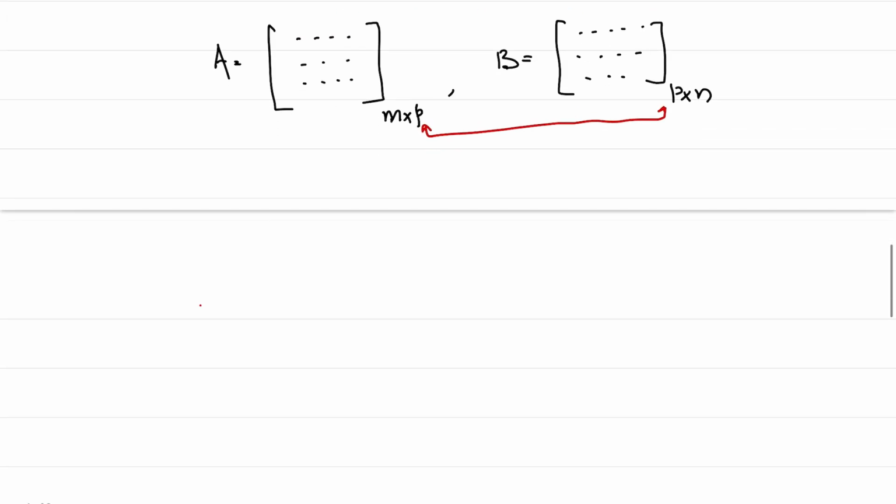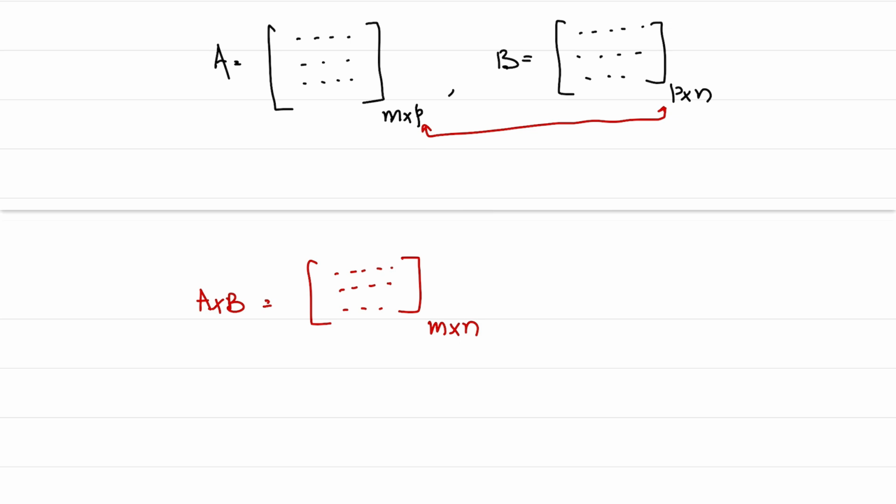Then A into B will be M into N, the size of A into B. This is the first property, or first requirement, for multiplying two matrices.